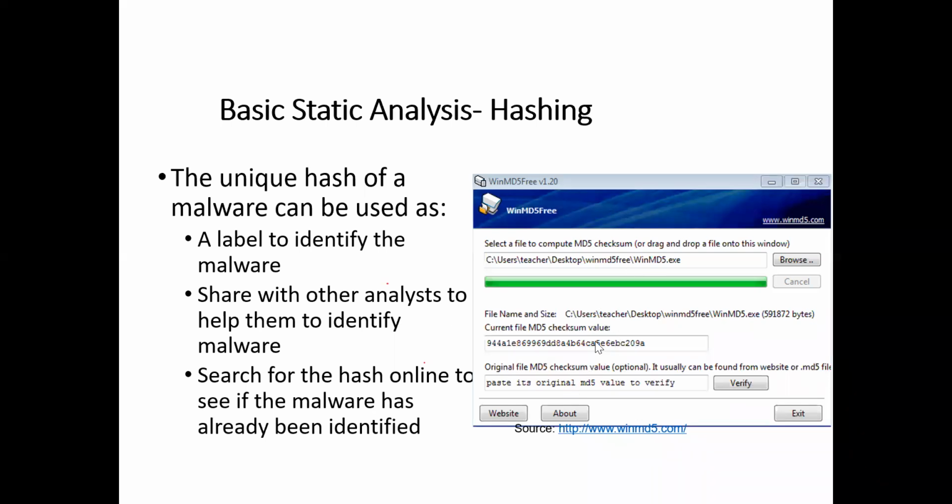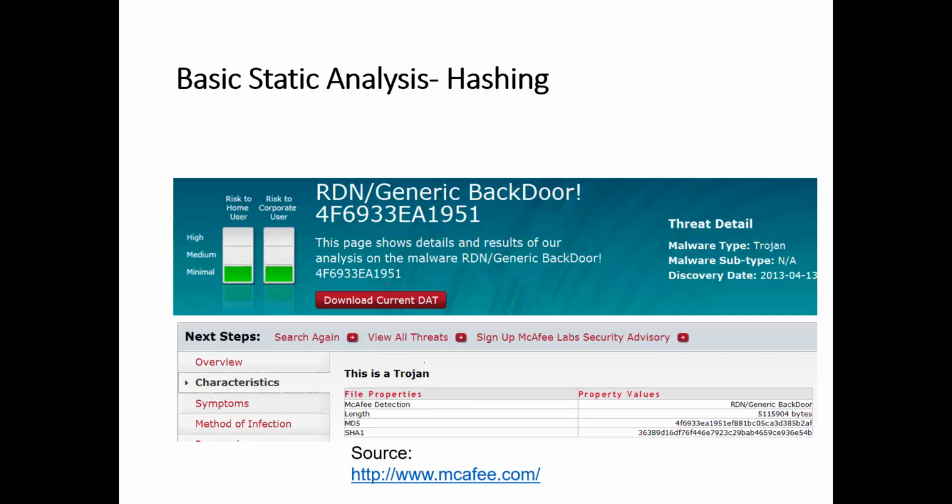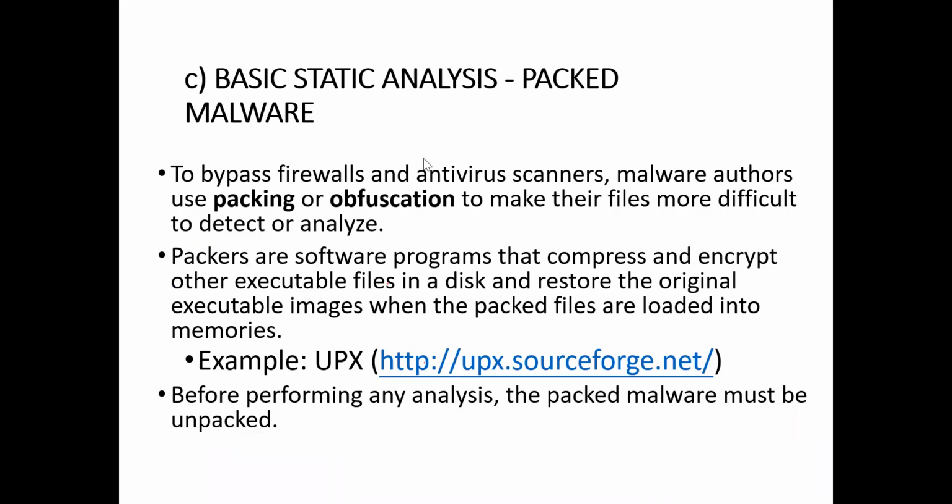You compare, and if they are the same, when you click verify, it will give you the results. Then you'll know if something is happening, and it will give you a report that you will sit and analyze. These are also examples of software that can quickly help us. This is McAfee, which helps in doing this quick hash value analysis.